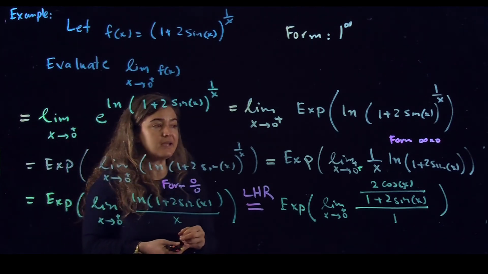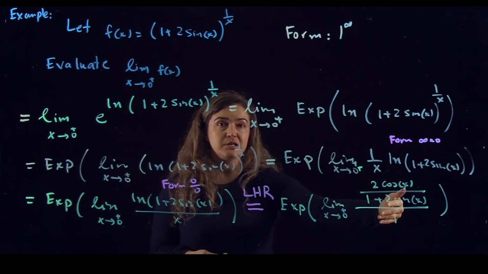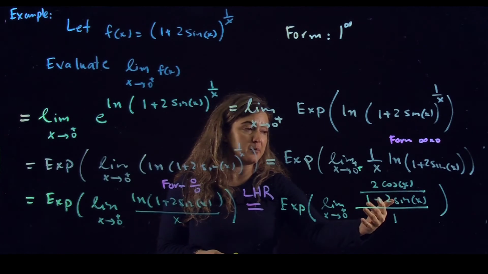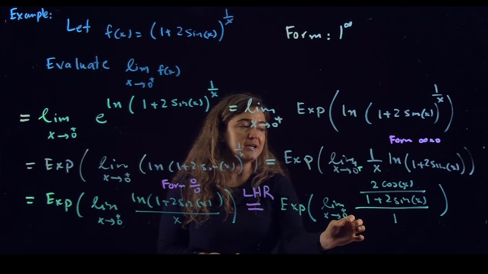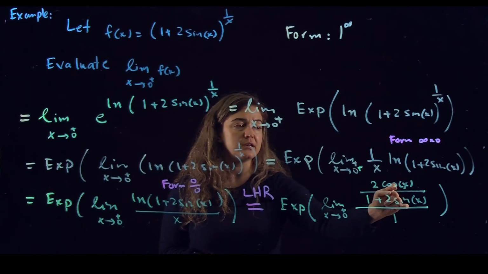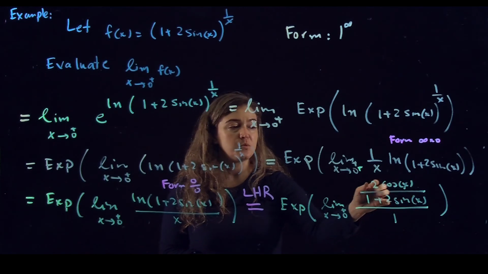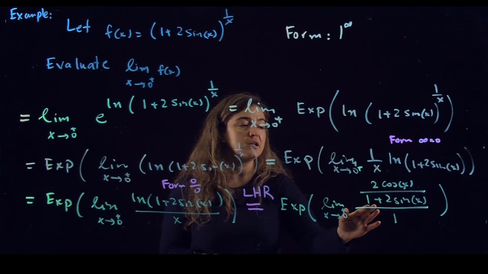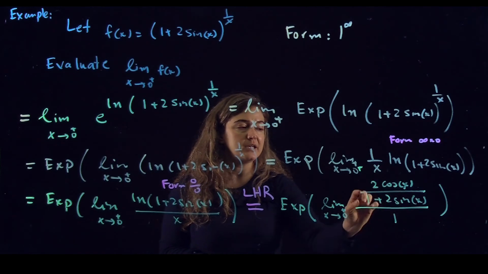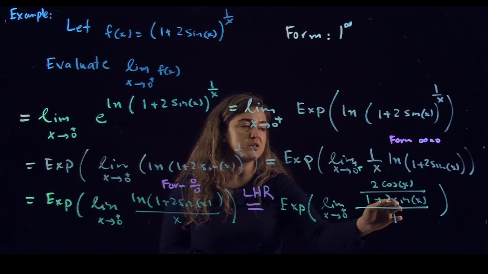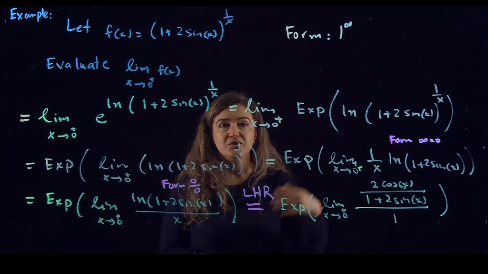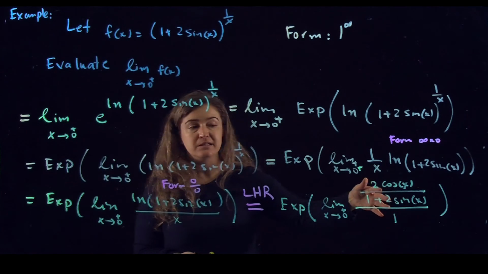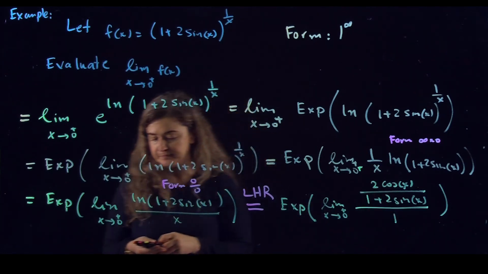Now, let's check to see if this is actually a limit of a form that I can evaluate. If I plug in 0 in the numerator, cosine of 0 is 1, so I get a 2 in here. If I plug in 0 in the denominator, I get 1 plus 2 times 0, which is 1. So I actually can evaluate this by plugging in.